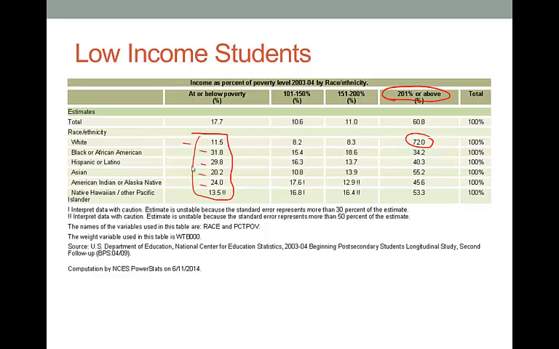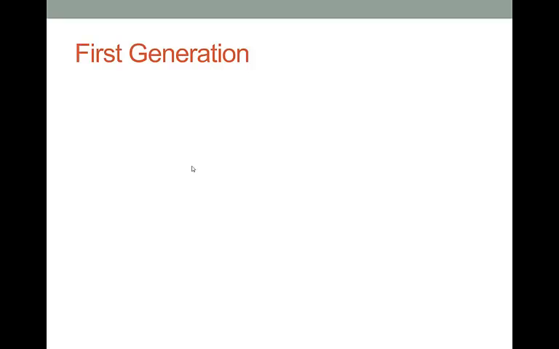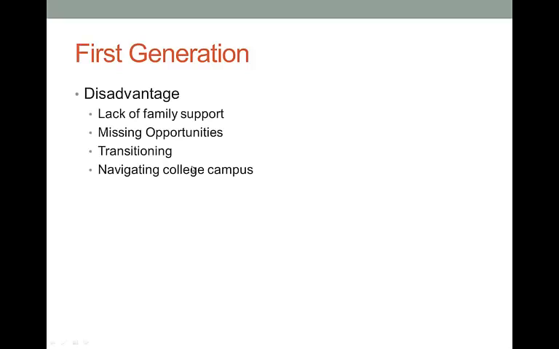So what does the first generation student face? Well, their disadvantages come from lack of family support, and that can be in two different ways. The first one is they're not able to support the student educationally. They're not able to understand what the student's going through on a college campus. The other piece is they're not willing to support because they feel the student should be at home with them supporting the family.